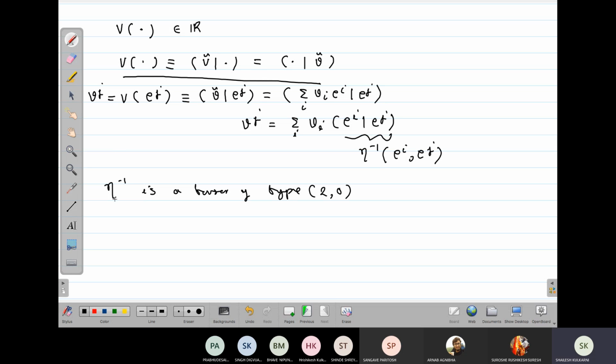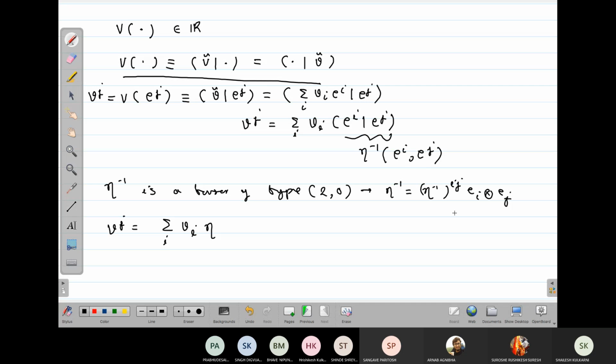Okay, so with help of this, you can write v upper j as summation over I v I eta. Now you see, this is a tensor of type 2 0. It implies that eta inverse can be written as eta inverse ij ei ej.